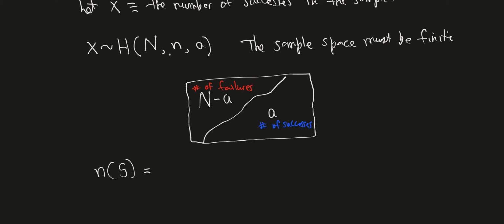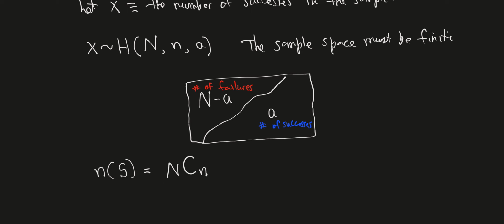Well, actually, let me write it this way. Out of your big N, you're choosing little n things, right? That's the number of elements, or I should say, the number of ways that you can choose your sample out of your population, right?